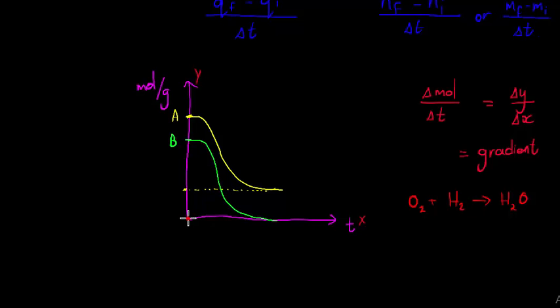I had nothing to start with, and now as the time goes by, I'm producing quickly, and then it slows down at some point and stops. Now you can see for all of these, it starts to reduce, to reach the end of the reaction more or less at the same point.